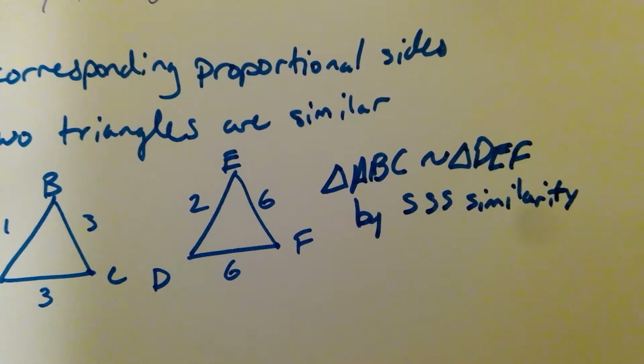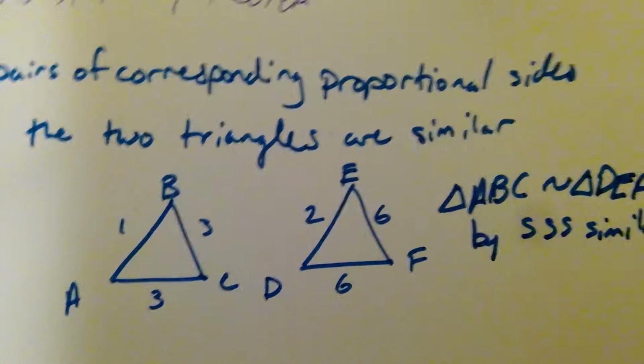Okay, so that's our second one. We've got those corresponding proportional sides. Now our last triangle similarity theorem is side-angle-side.